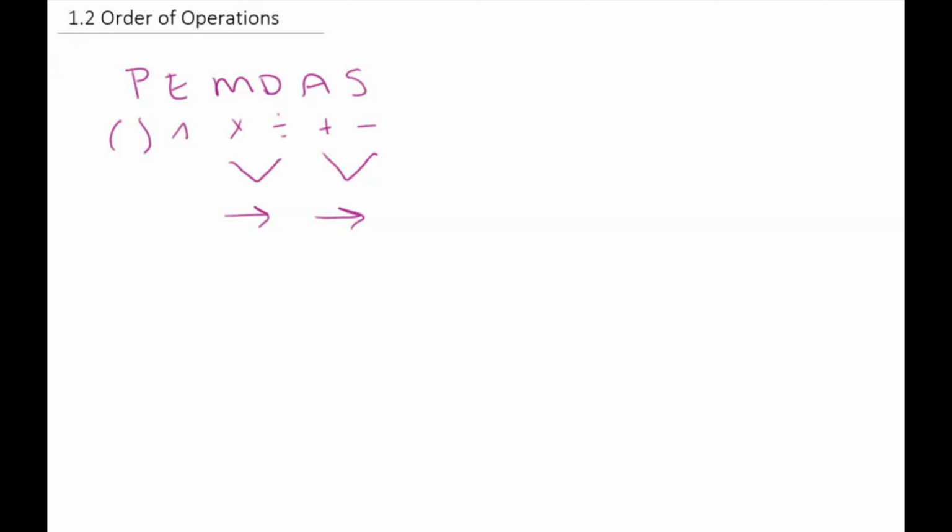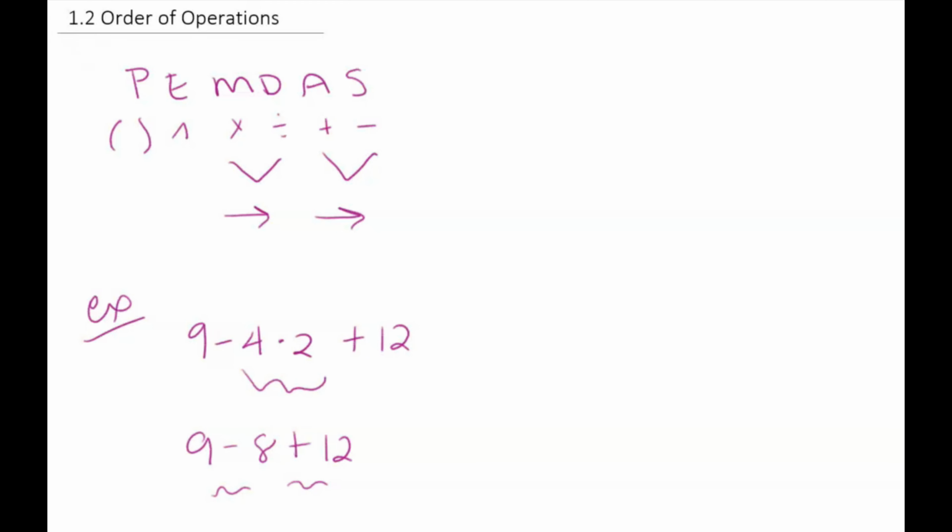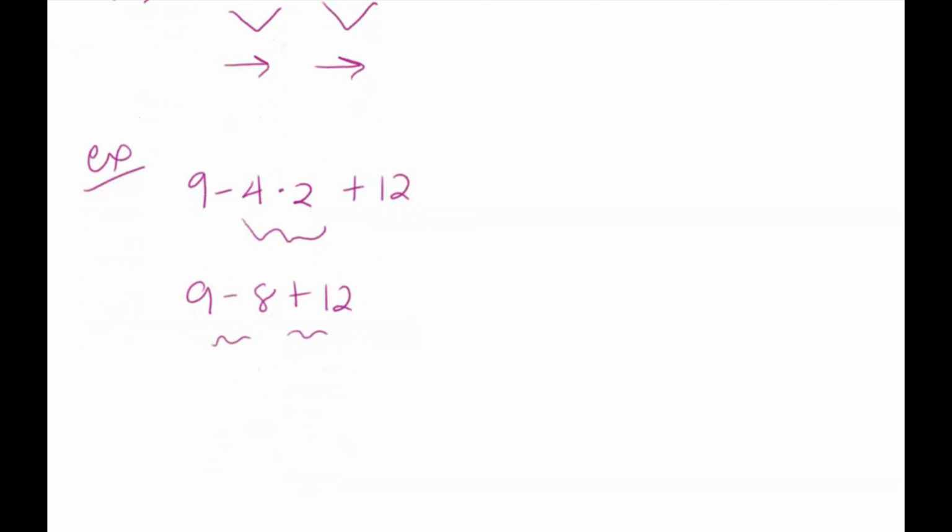Hopefully you've done this before with some easy ones. Something like if we had 9 minus 4 times 2 plus 12, you could easily say, okay, I've got to evaluate the 4 times 2 first, which would make that 8. And now all that we have left here are subtraction and addition, and they are the same.